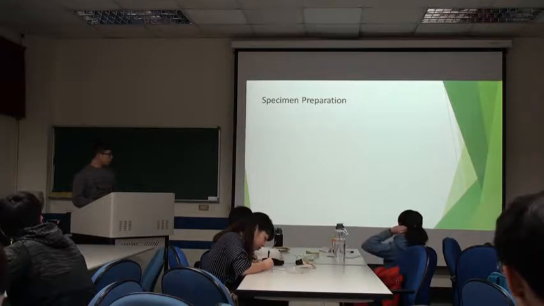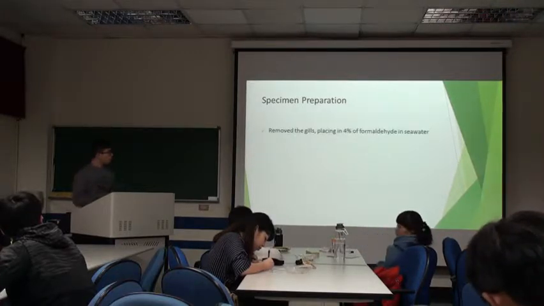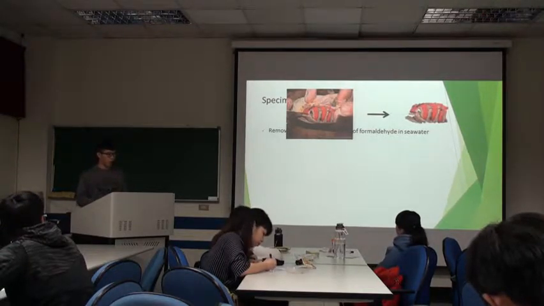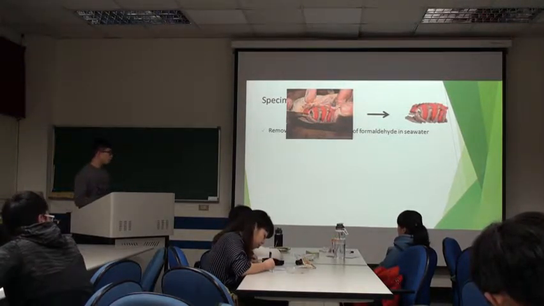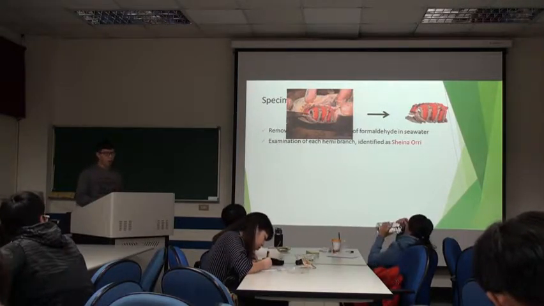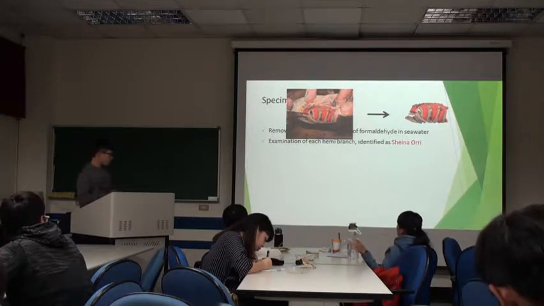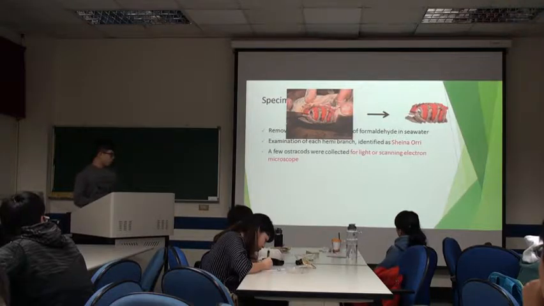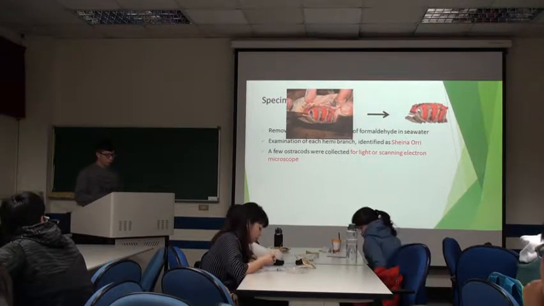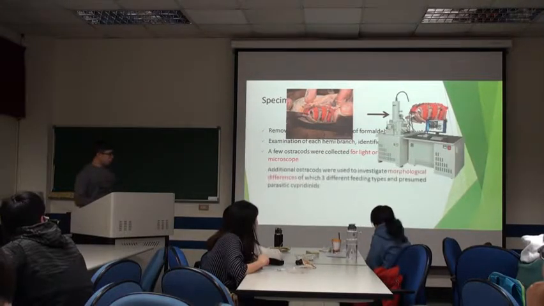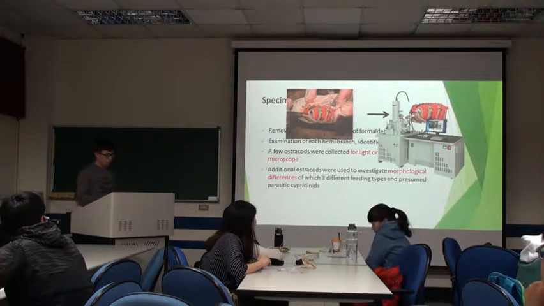Last one is specimen preparation. Firstly, we remove the gills, placing them in 4% formaldehyde in seawater. And then, examination of each hemibranch identified Sheina orri, the species we want to observe. Next, a few ostracods were collected for light or scanning electron microscopy. Lastly, additional ostracods were used to investigate morphological differences.